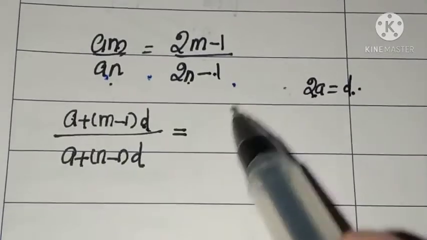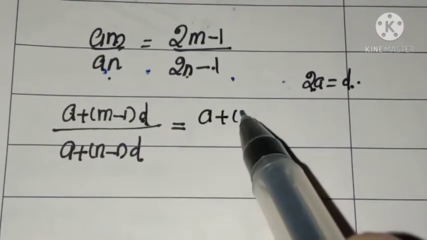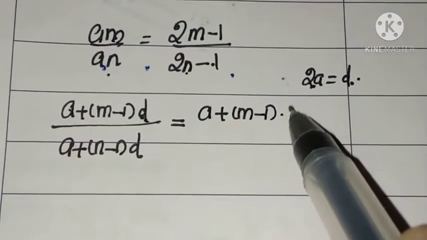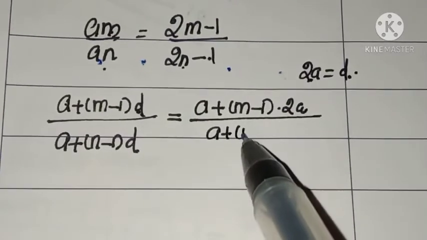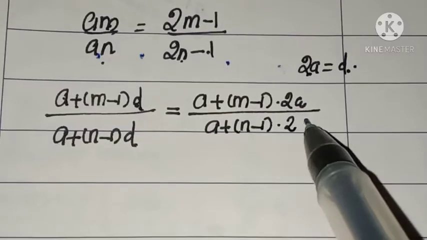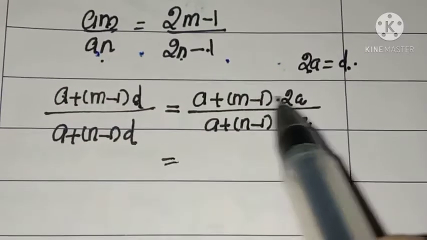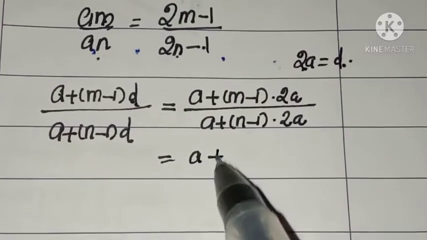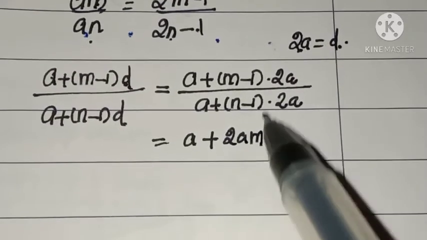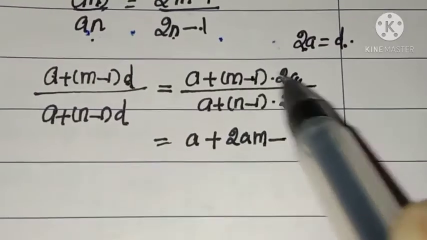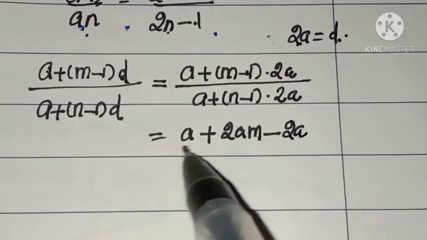So listen, this becomes a plus m minus 1 into 2a divided by a plus n minus 1 into 2a. Now open the bracket. So it is a plus m into 2a, that is 2am, minus 1 into 2a, 2a.